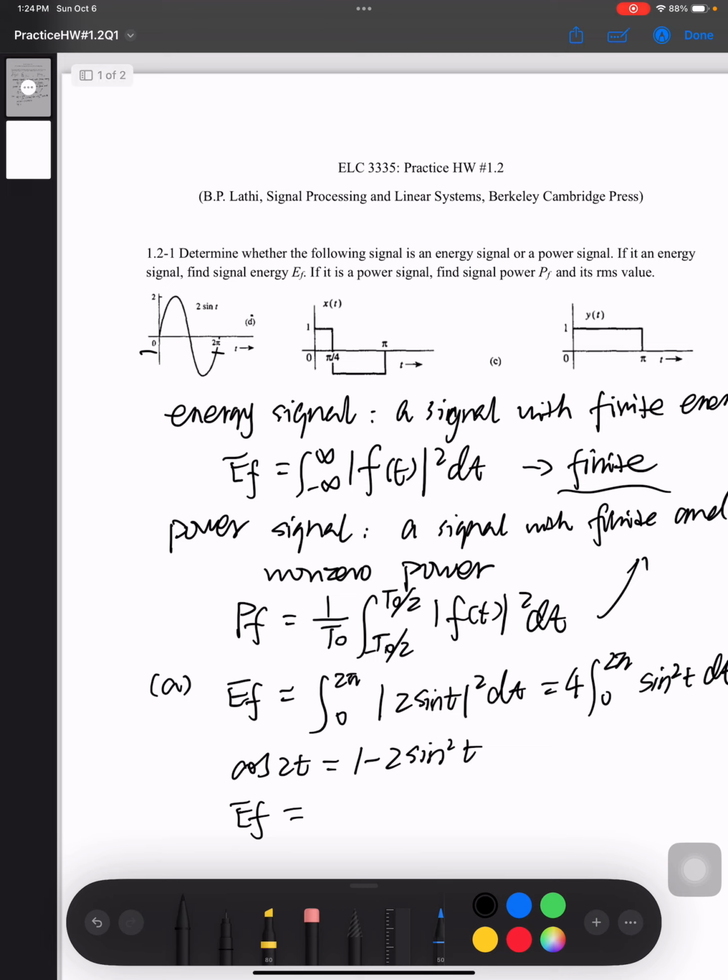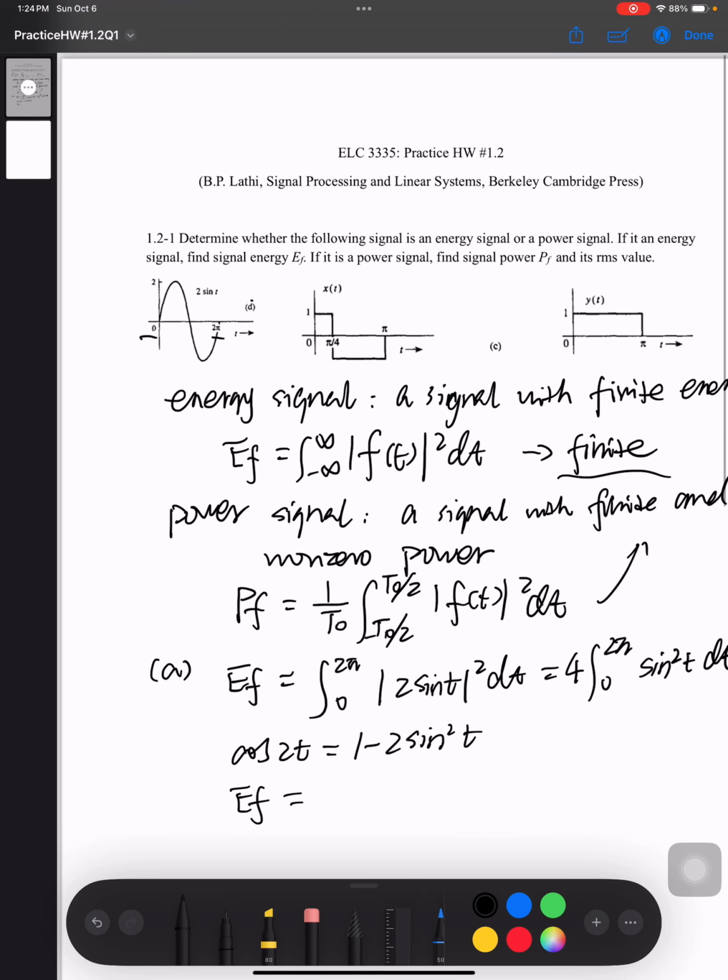EF equals 4 times the integral of sine squared t, which is one half of 1 minus cosine 2t.